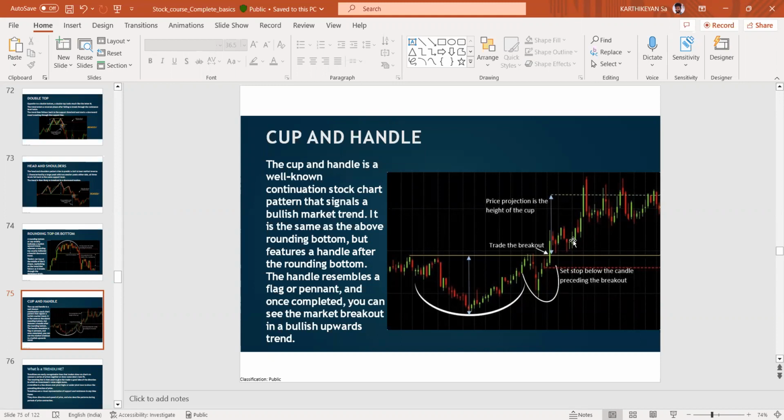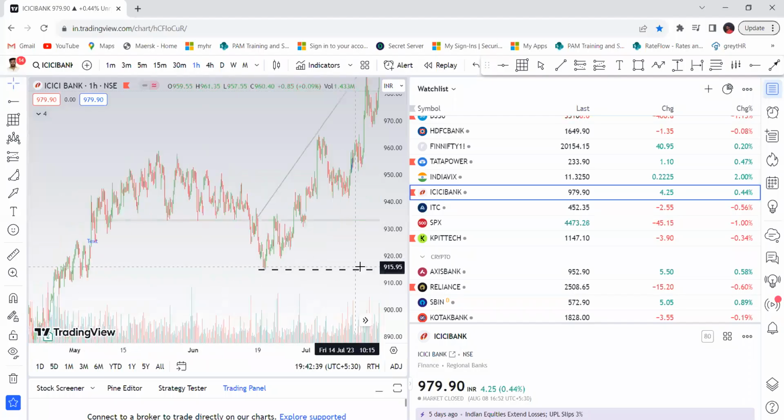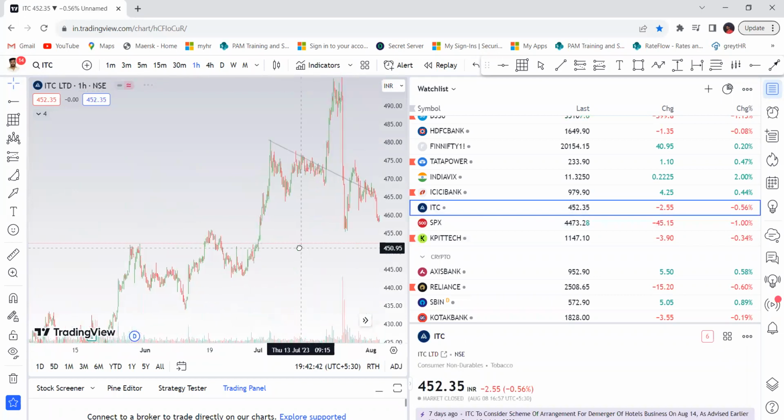Cup and handle. So it is pretty much similar to the rounding top or rounding bottom that we have discussed, but the thing is the price will form one more round or maybe a handle kind of thing. So let me see in the chart rather than explaining. Let's check.